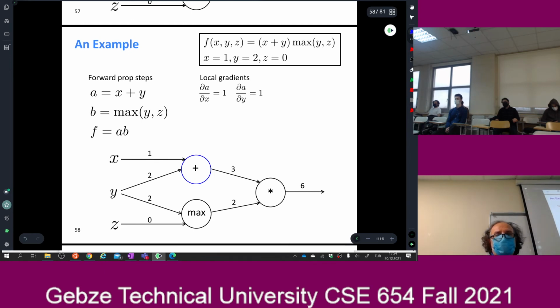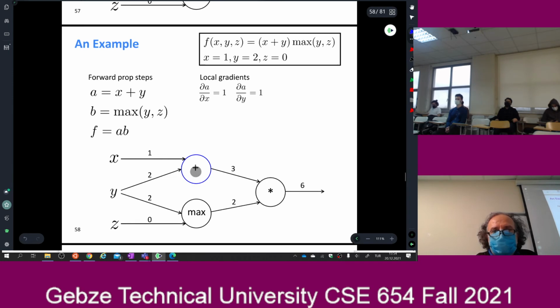For this plus, the calculation of a = x + y: the derivative of a with respect to x is going to be 1, and the same thing for y. It's going to be 1. Okay, 1 and 1, and I am done here.